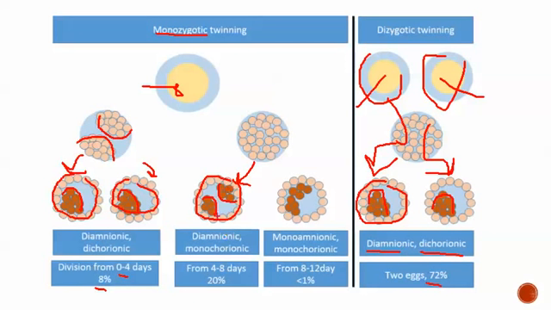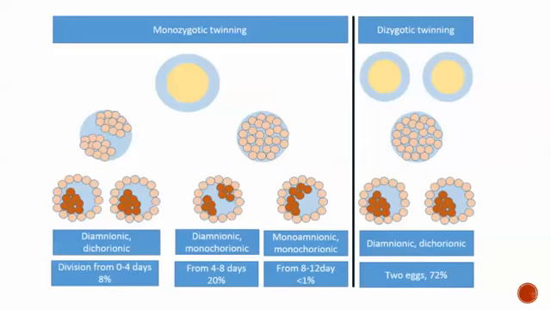So you're diamnionic and monochorionic at that point. If the division comes at the latest, which is 8 to 12 days, very extremely rare, then you're monochorionic and monoamnionic. All right, so that's the tie-in between what the chorion and the amnion are and how that can relate to twinning.